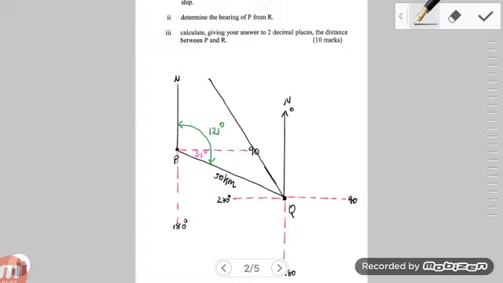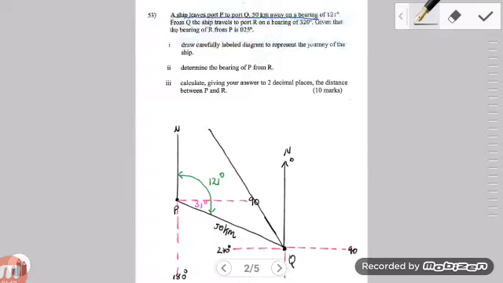We don't know exactly where R is because we only know the distance. Actually, we do not know the distance. We just know that it's on a bearing of 320. So we don't know how long this line is. We don't know whether to stop here or to go out further. We don't know the distance.